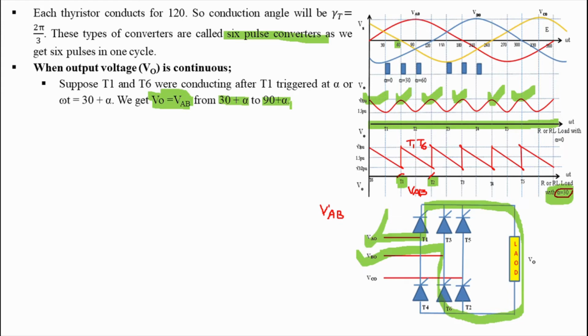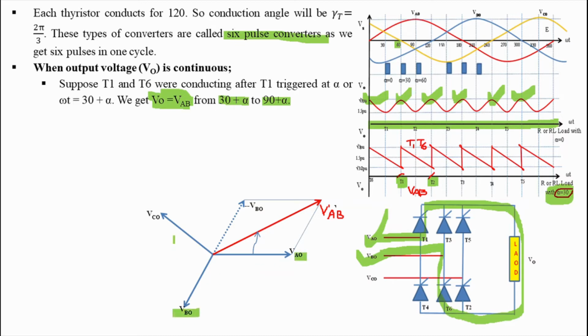Now see, these are the three phase voltages, that is VA0, VB0 and VC0. They are phase displaced by 120 degree. Now we have to find the vector for VAB. How can we find it? See, this is the phasor for VB0, that is phase voltage of phase B. Then what is minus VB0?